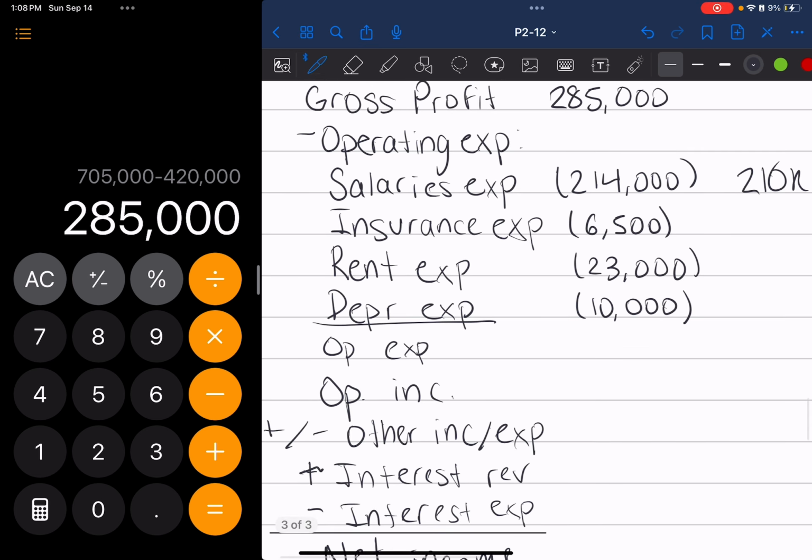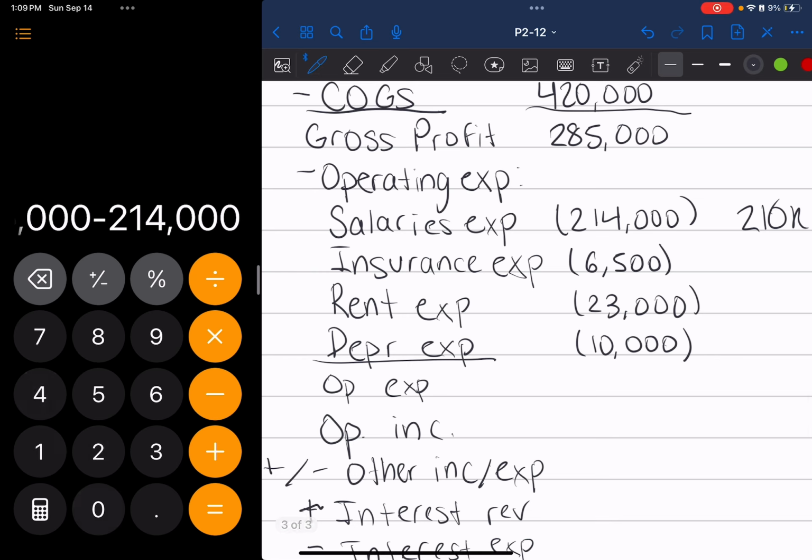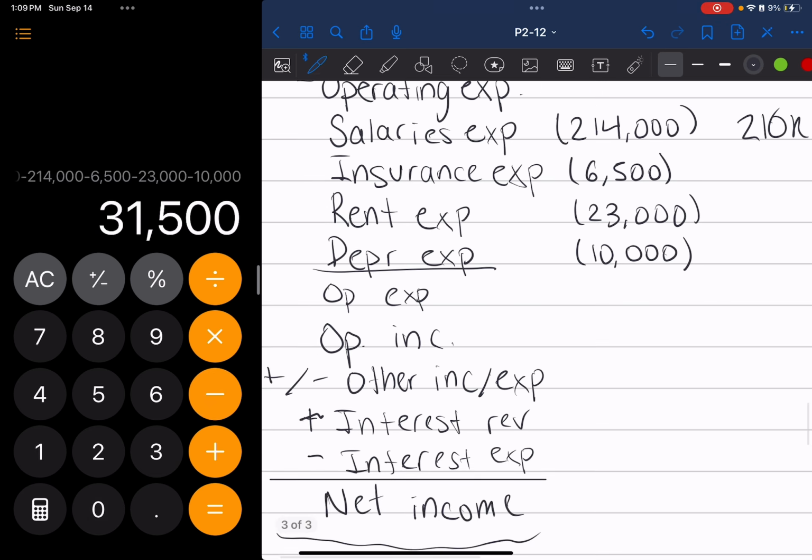So then we're going to take our gross profit and subtract these. So minus the 214,000 minus the 6,500 minus 23,000 minus 10,000. So that gives us operating income of $31,500.